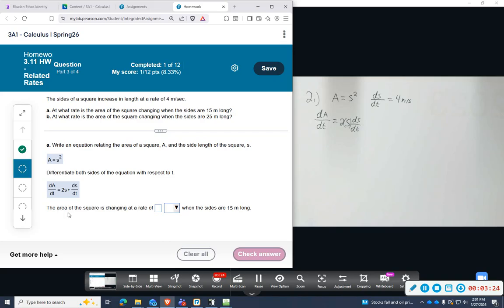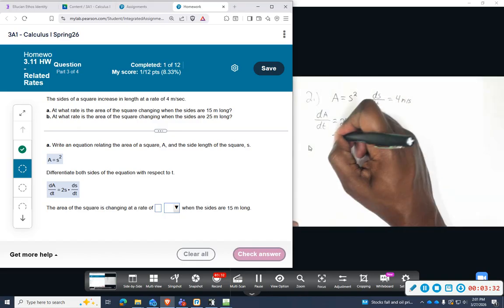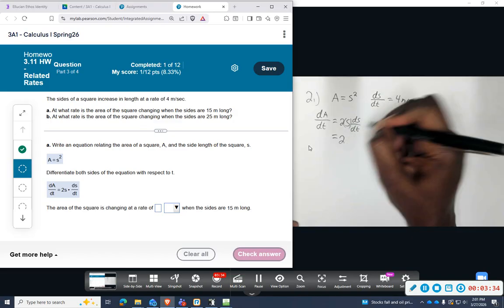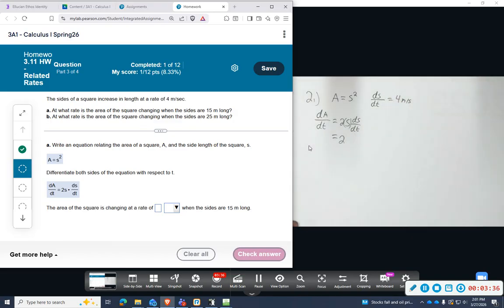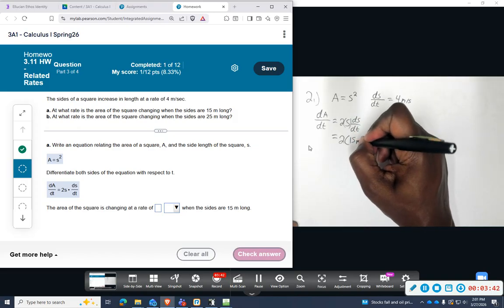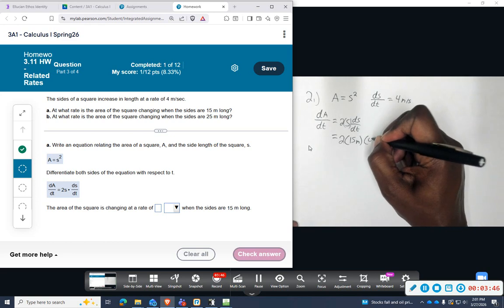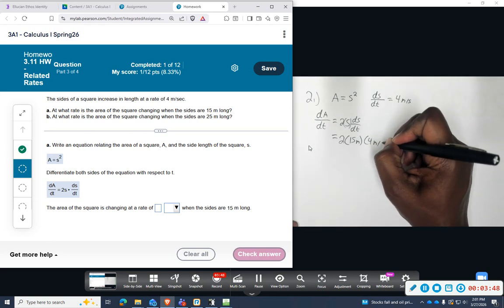All right, now we're going to find the rate at which the area of the square is changing, so we're going to plug in what we're given. It said when S is 15 meters long, so S is 15 in part A. And then ds/dt is 4 meters per second.